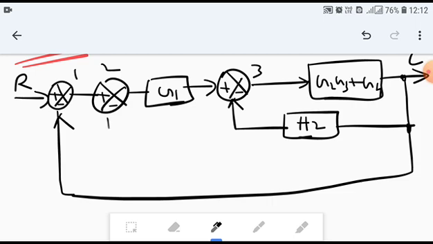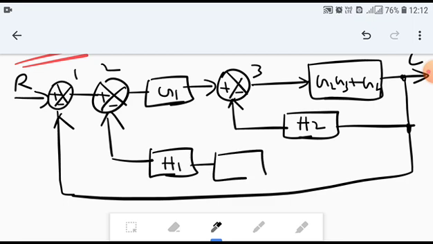Another feedback we have is with respect to H1, in which we added the gain of G2 because we have moved the break point ahead of G2, right. So this is the block diagram that we get.